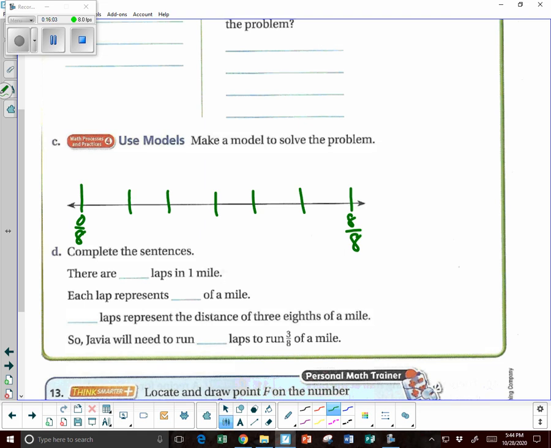Nope, that's 6. 1, 2, 3, 4. There. Okay. In Mrs. Keith's world, those are all equal. So this is 1 lap. This is 2 laps. This is 3 laps. 4 laps. 5 laps. 6 laps. 7 laps. 8 laps. Okay? That's for 1 mile.